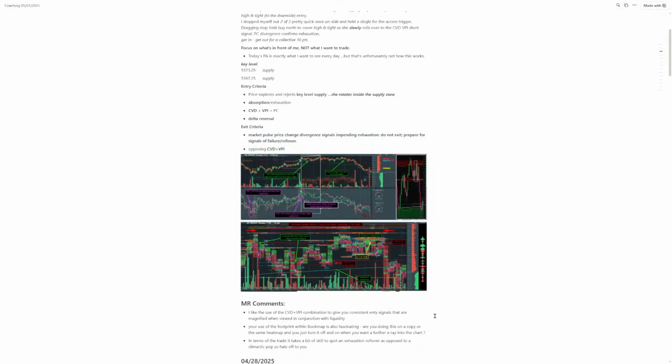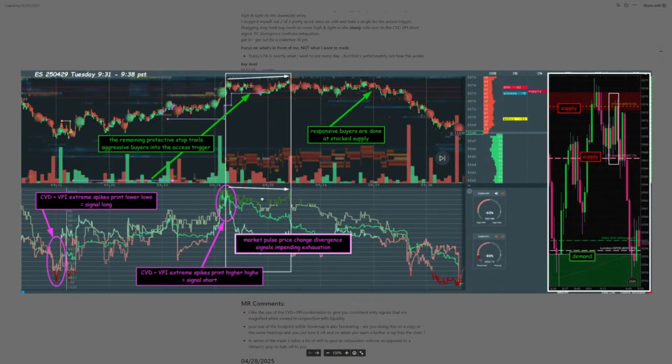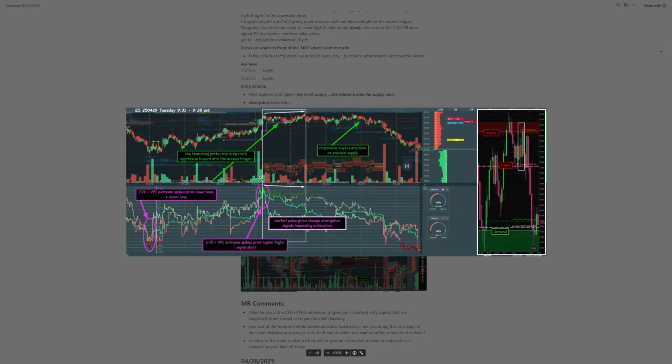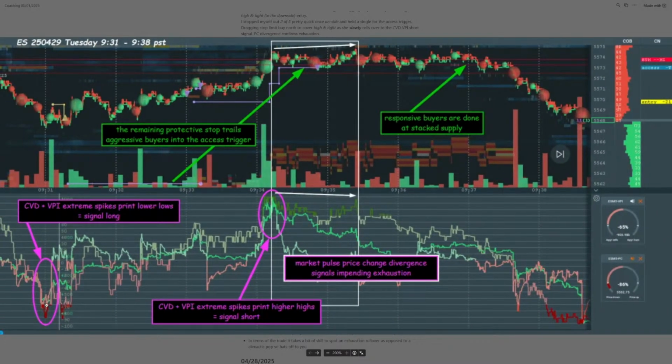I'll pass it on here to others. But to me, I know you've been doing this for a long time now, the CVD and VPI. I'm looking for high liquidity to get filled in here.